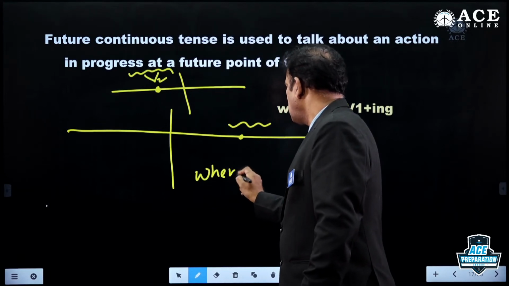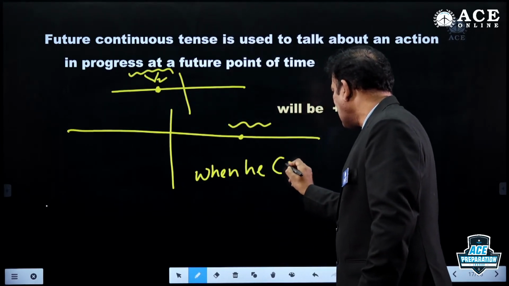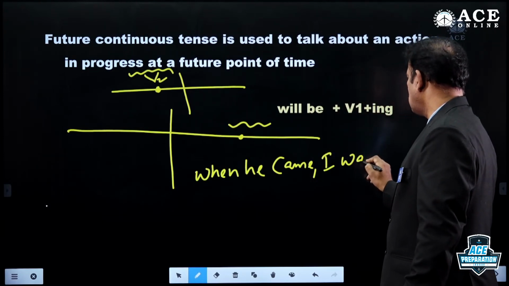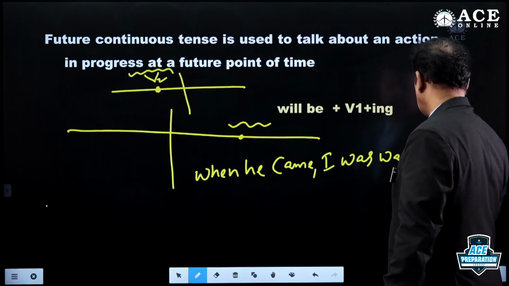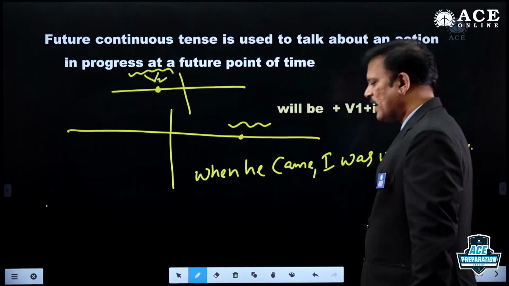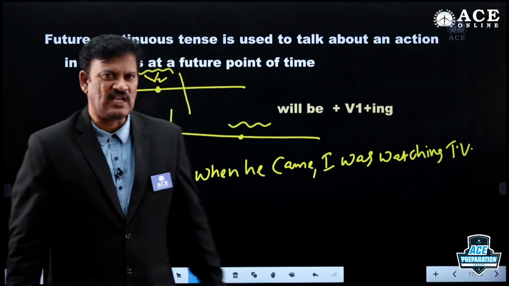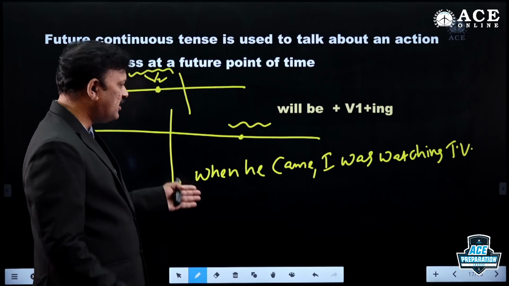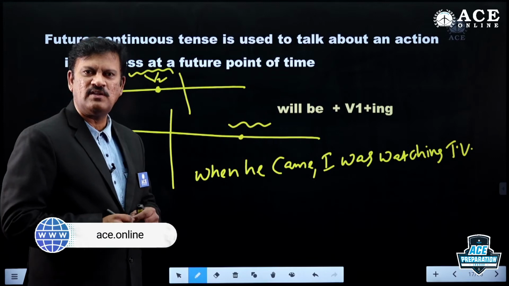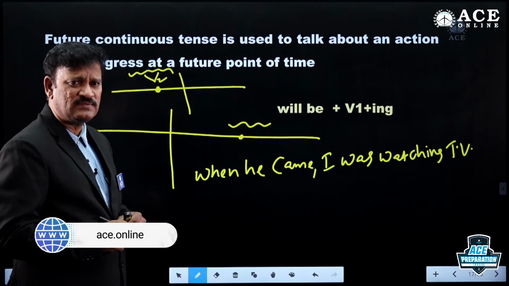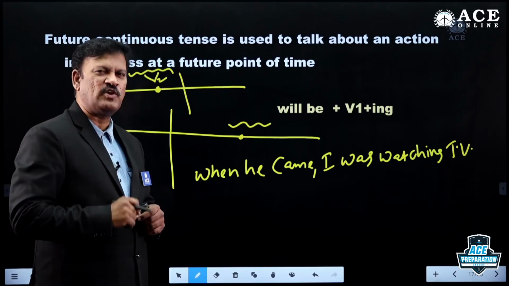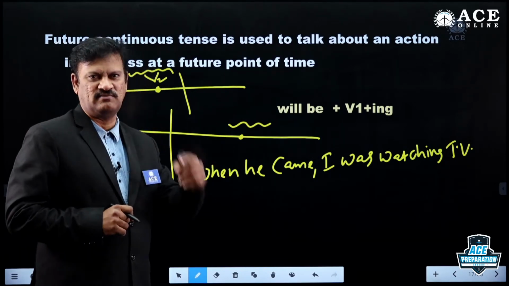"When he came, I was watching TV," I'm taking the same example. So I express something in the past. Your target is, can you change this into the future? Just imagine the same action, you tell me, in the future. How do you do that? Okay, so we'll take a short break. By the time you give me an answer, then we'll come back and continue. Thank you.